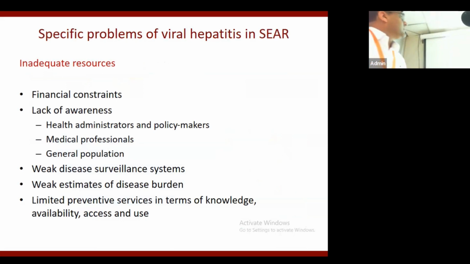A specific problem in the Southeast Asia region in relation to hepatitis is that we don't have finances. We have a lack of awareness about its transmission, prevention, and management. We have very limited policy. Now the national program is started. We have no surveillance system, weak estimates of disease burden. We don't know how much the disease burden is, and we have very limited preventive services.